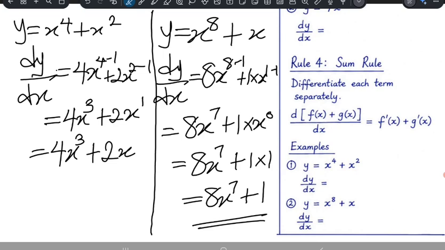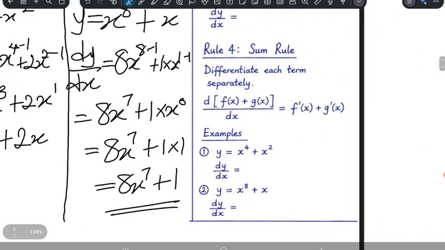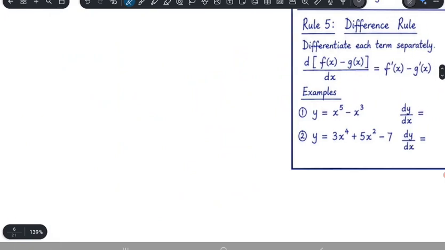So let's go to the last rule for the elementary stage before we go to the function of a function and the other ones. We have the difference rule: differentiate each term separately. It's the same thing as the sum rule.